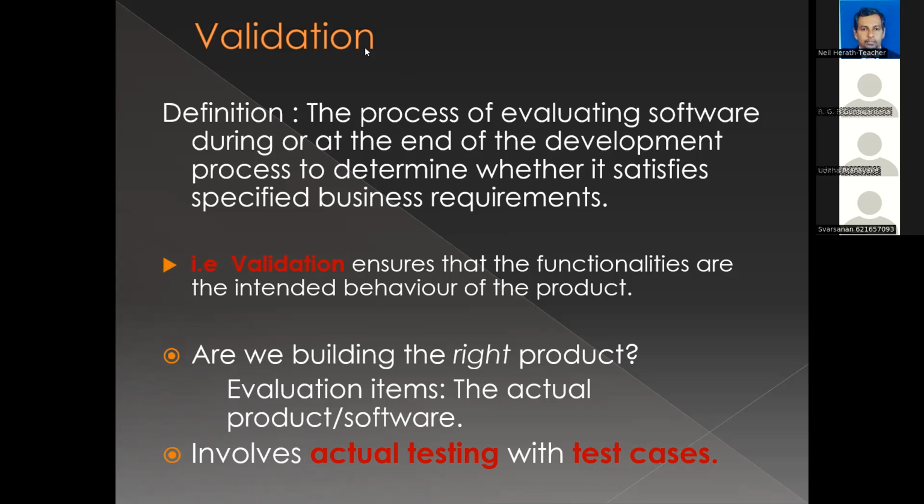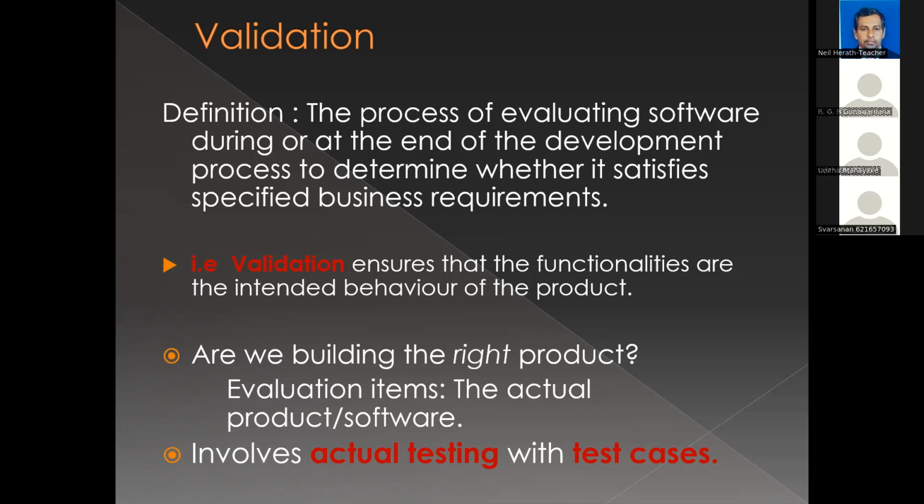Validation we discussed earlier also. Why it is coming again is that you need to understand the difference. Now, validation is the process of evaluating the software at the end of a specific stage or at the end of the product development.